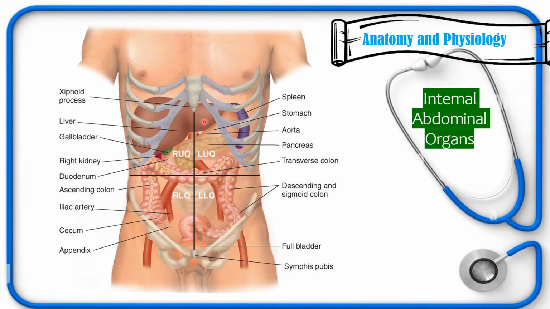Moving medially, as an examiner, you can encounter the rib cage with its xiphoid process. This xiphoid process protects the stomach and the spleen. The abdominal aorta often has visible pulsations and is usually palpable in the upper abdomen.